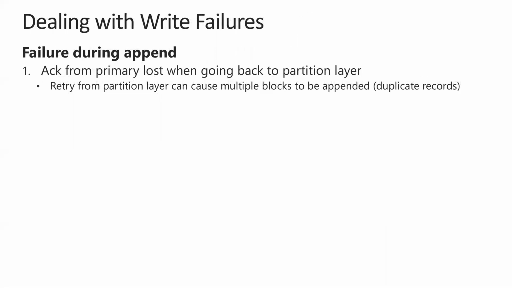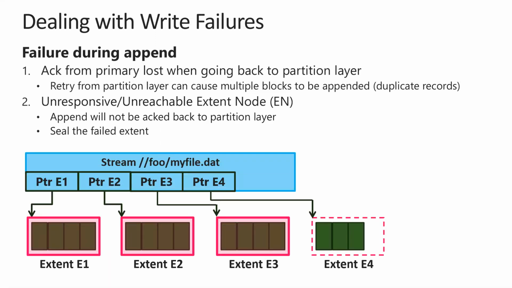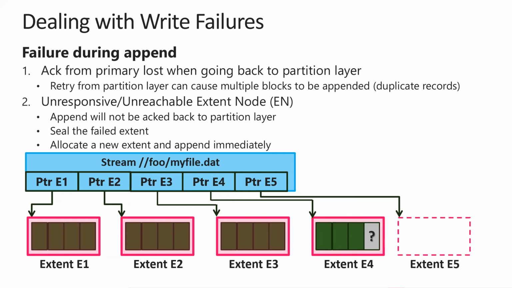Now we have some interesting scenarios. What happens during failures, right? Let's look at some of the failures. Let's say we have these 3 extents sealed. Now this 4th extent could have stored more data, but now it is not responding, right? So the system will immediately seal this extent, and then ask the stream master to give a new extent, and then they will store the data in the new extent.